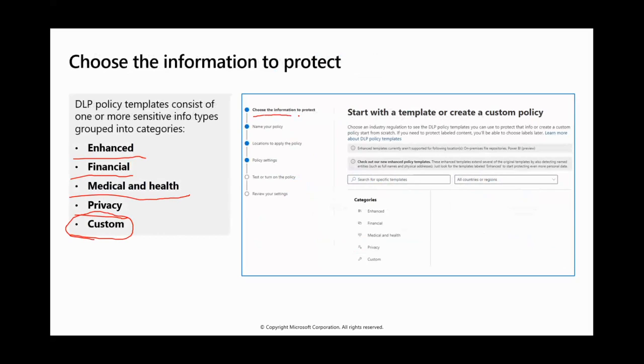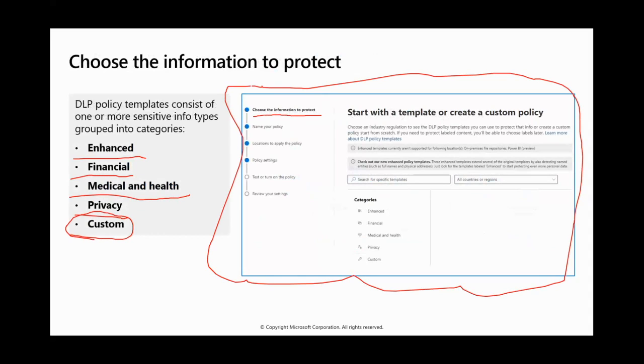This is one screenshot of the wizard that we are going to find when we are creating this DLP policy, right? This is the first step: choose the information that we want to protect. We can search for a specific template, or also for those that are only available for a specific country.